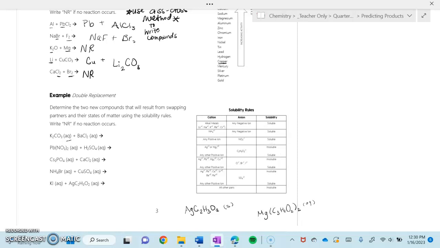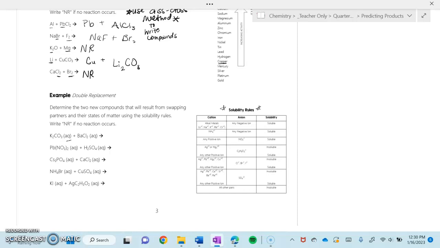So let's go ahead and practice with some actual examples. We're going to determine the 2 new compounds by swapping, and then find their state of matter using the solubility rules. Then write no reaction if no reaction occurs. One quick note about the solubility rules chart here. This is simplified a little bit.